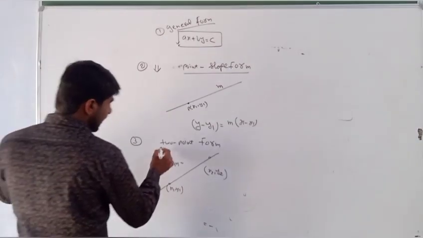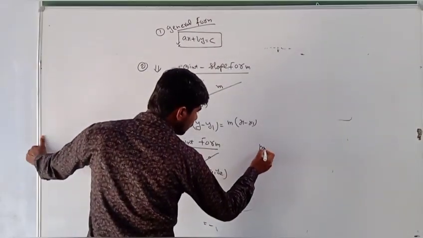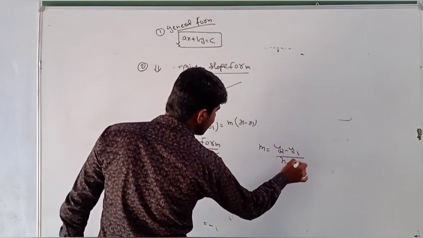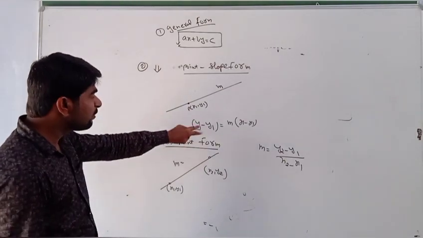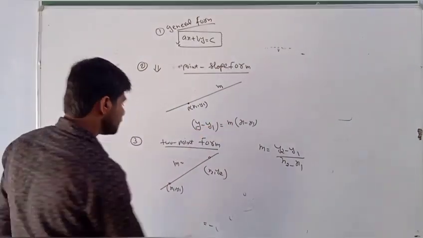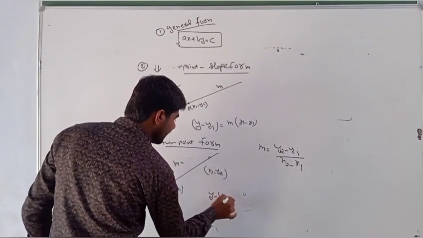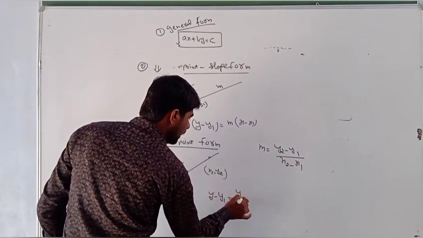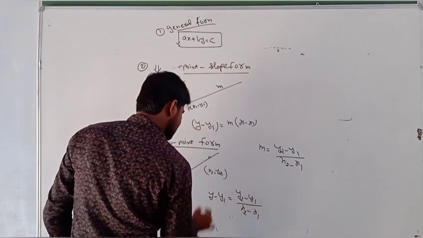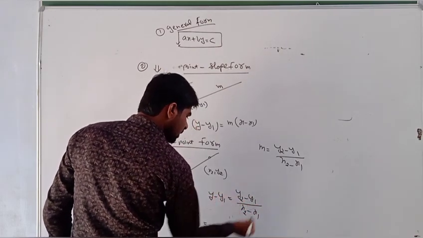So the line is passing through two points, so m will be y2 minus y1 upon x2 minus x1. The equation will be the same, only the thing which changes is m. So y minus y1 equals y2 minus y1 upon x2 minus x1, into x minus x1. That's all.